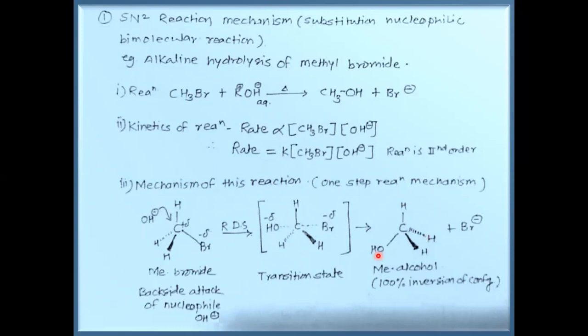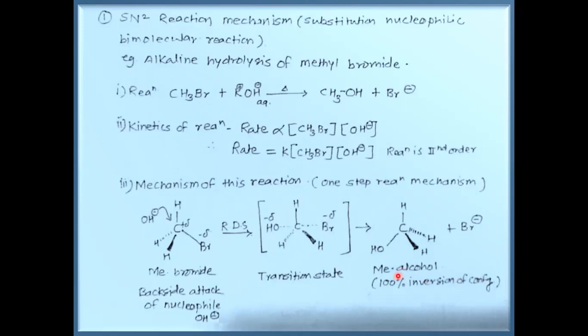Now in this methyl alcohol, there is 100% inversion of configuration. The bromide ion leaves; it is the leaving group. So 100% inversion of configuration.